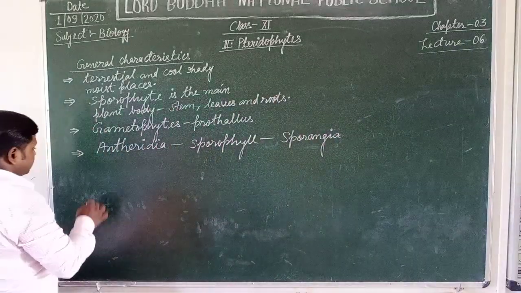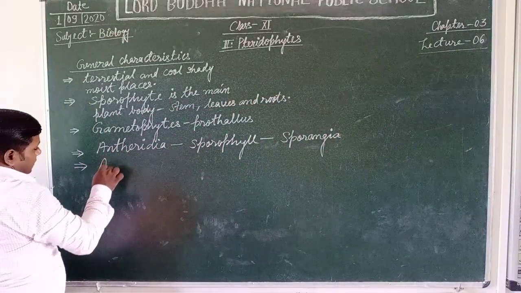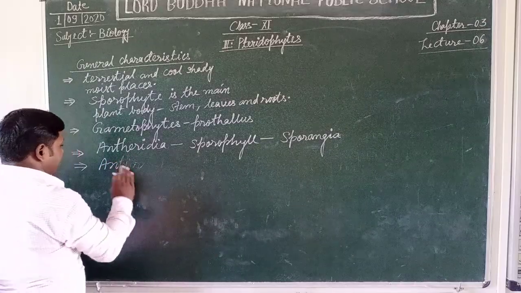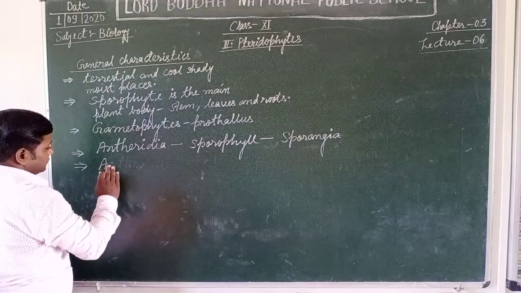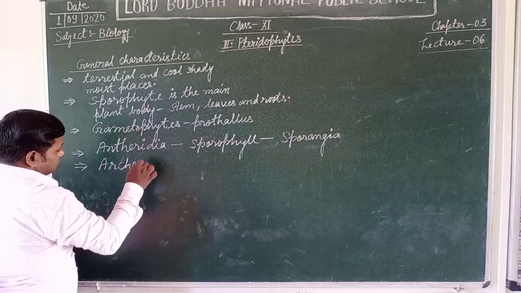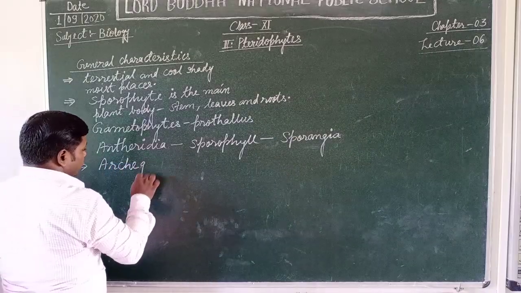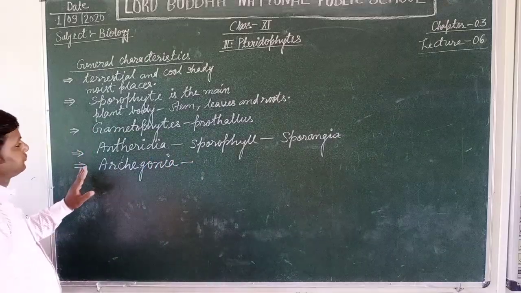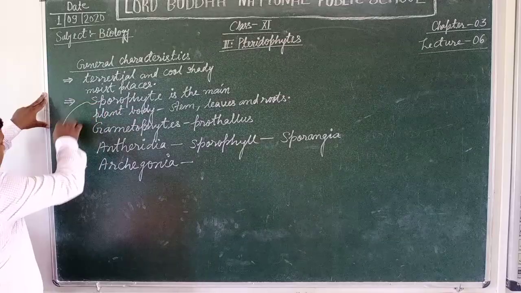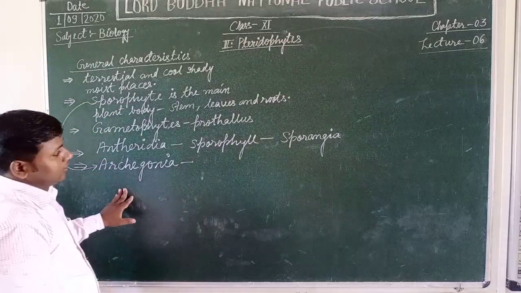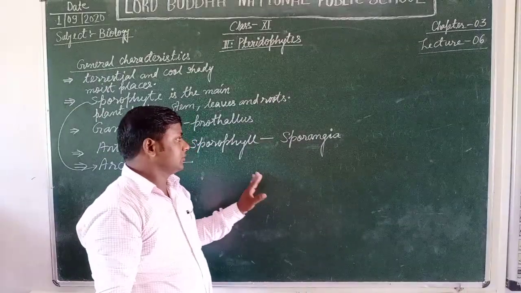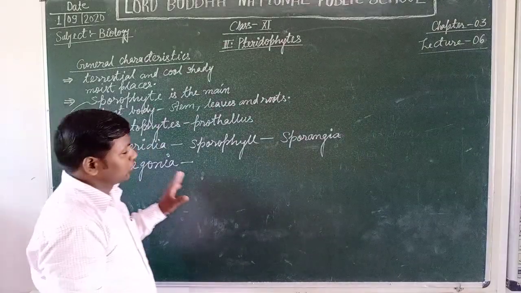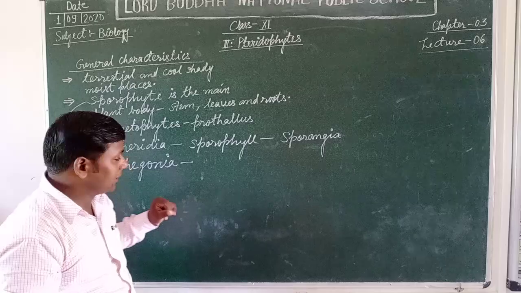Whereas the female gamete is archegonia. That is also formed in the sporophylls of the sporophyte, because the sporophyte is the main plant body.